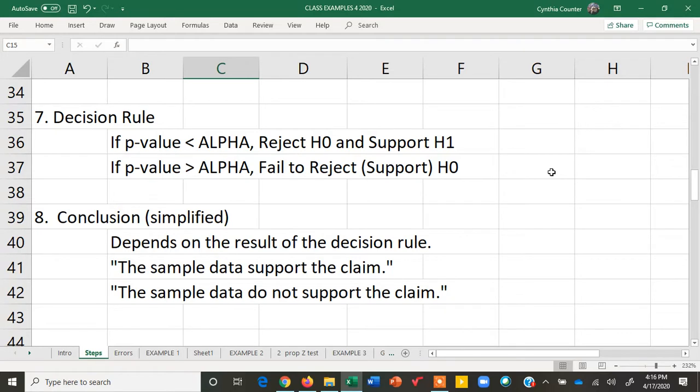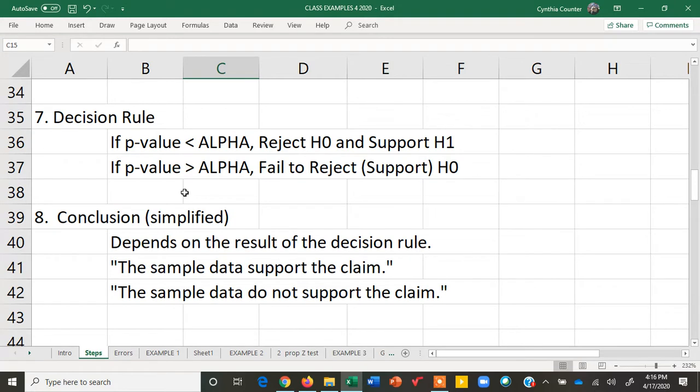So we reject our assumption, which means we reject the null hypothesis. Since we reject the null hypothesis, we support the alternative hypothesis. Now, if the p-value is greater than alpha, that means it was likely to occur under the assumption, so we do not reject the null hypothesis.